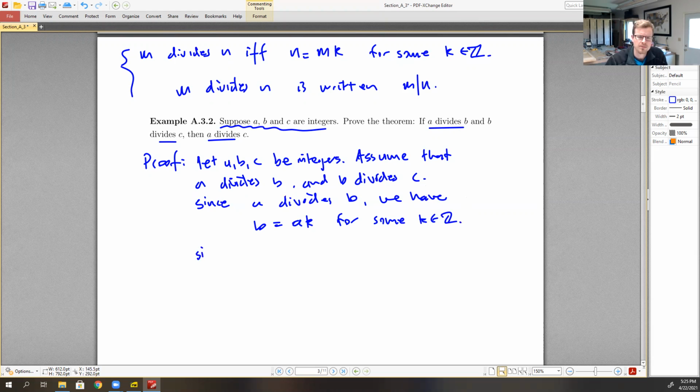All right, similarly, since B divides C, we have, now here, is it necessarily true that it would be C is equal to BK? Well, I'm already using K here, so once I have that specific number, it's generic because I don't know what that number is, but it represents one specific number.